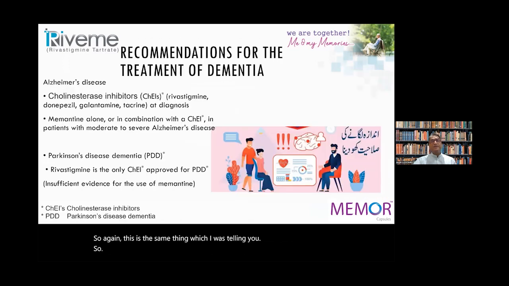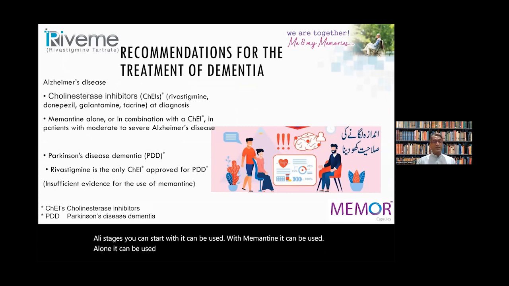So what are the recommendations for the treatment of dementia? For Alzheimer's disease, the cholinesterase inhibitors are rivastigmine, donepezil and galantamine, and at diagnosis in early stages you can start with them. They can be used with memantine, alone, or in combination.